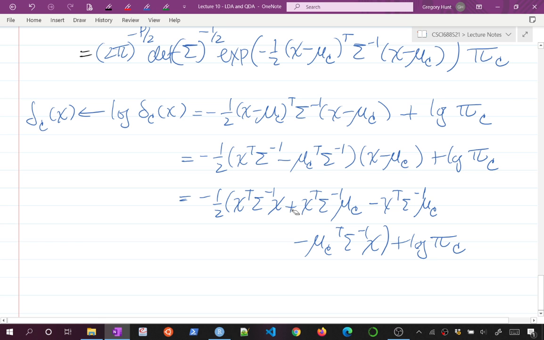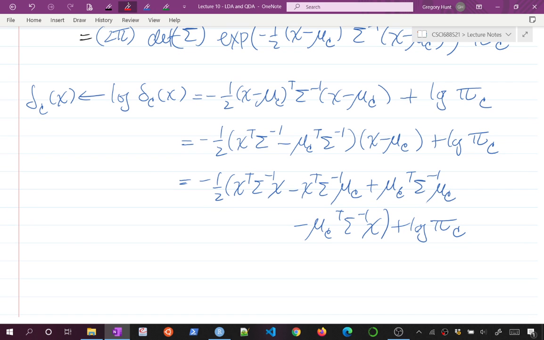Oh, I'm doing this all out of order, aren't I? I think I've written things multiple times. Let's try this again. Minus mu c transpose sigma inverse x. And there's our plus, mu c transpose sigma inverse mu c. Okay, I think that's correct now.